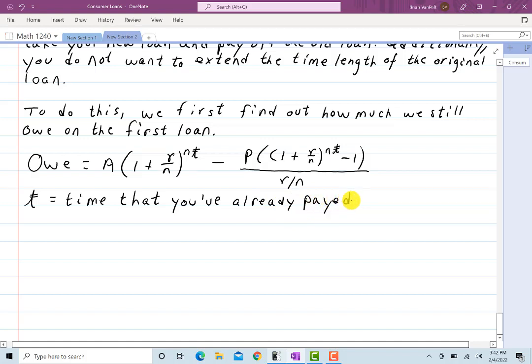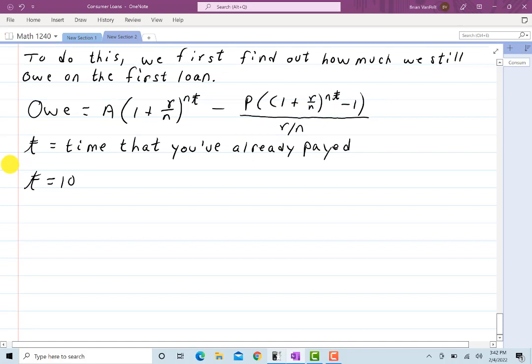So in my example here, I've made 10 years of payments, so the T double bar is equal to 10. That's what I can do for my owe then. The original loan was $150,000. So I have 1 plus 0.065, it was at 6.5%.